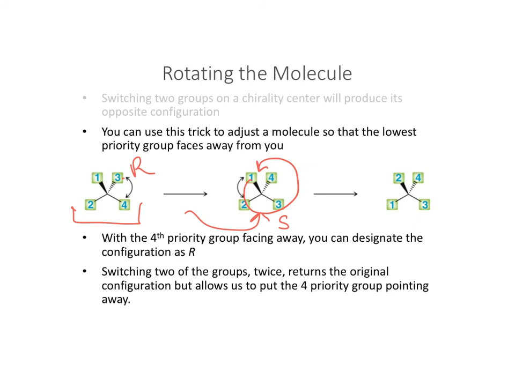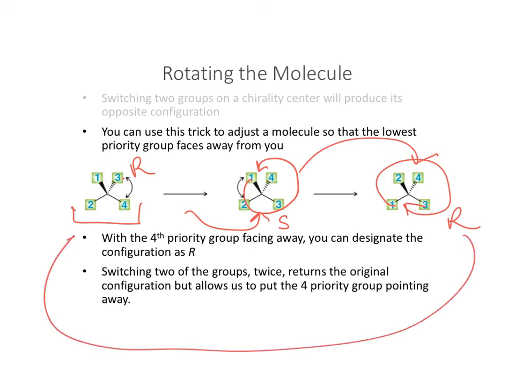Now, if I wanted, I could make the first change and then make a second change, keeping the lowest priority group back. And by doing that, I would get 1 to 2 to 3, the R configuration, which matches that of the originally depicted molecule. So switching two of the groups twice returns the original configuration, but allows us to put the 4 priority group pointing away. So there's a couple ways.